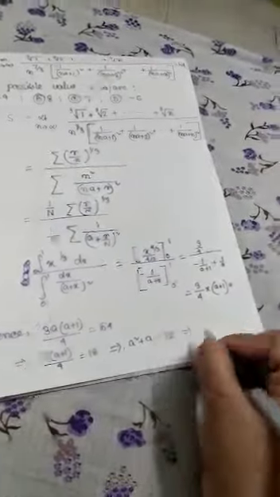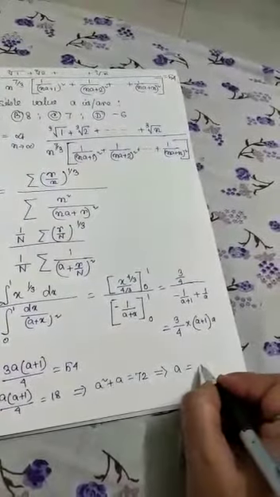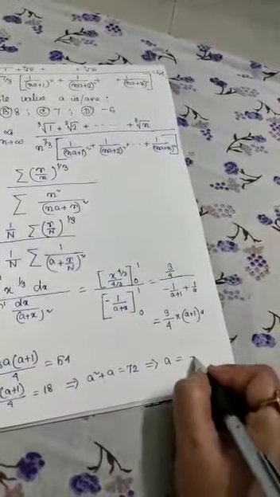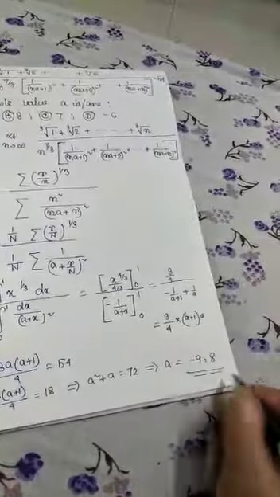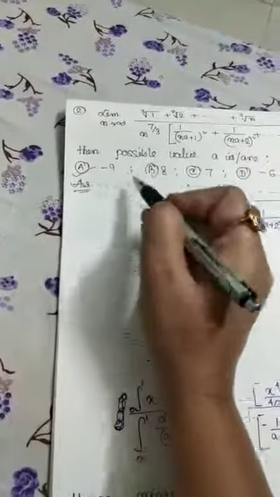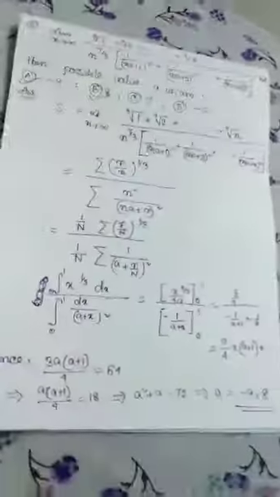That implies we get two answers, a is equal to, I think, -9 and 8. This is our required answer, and the options are number A -9 and number B 8. That's all.